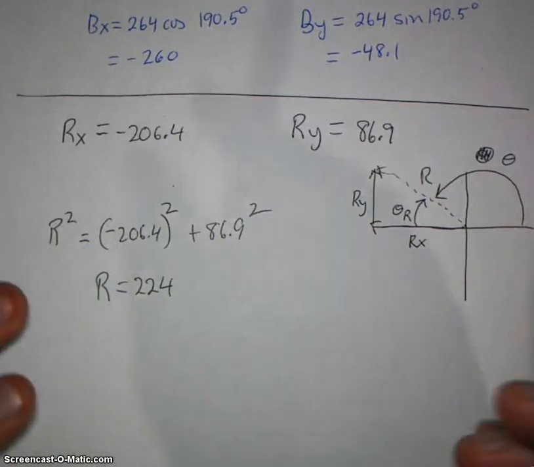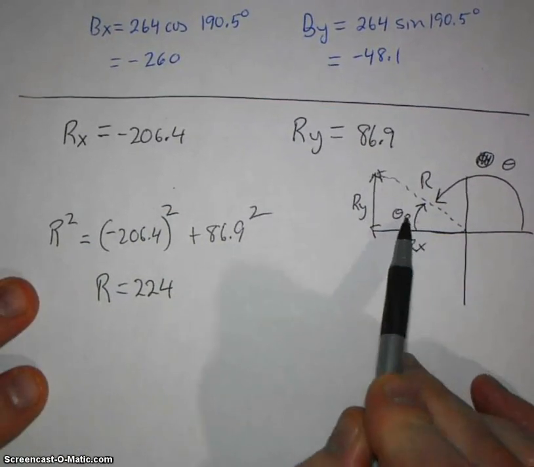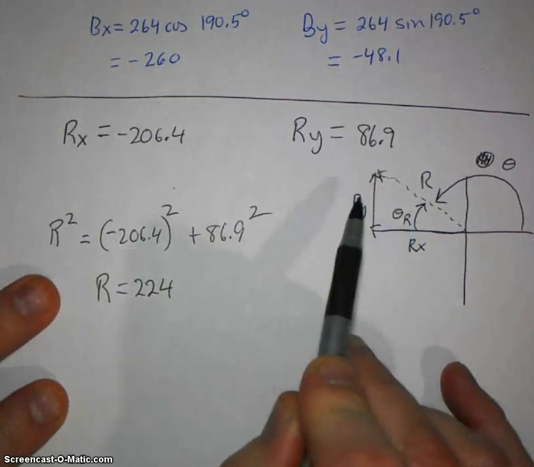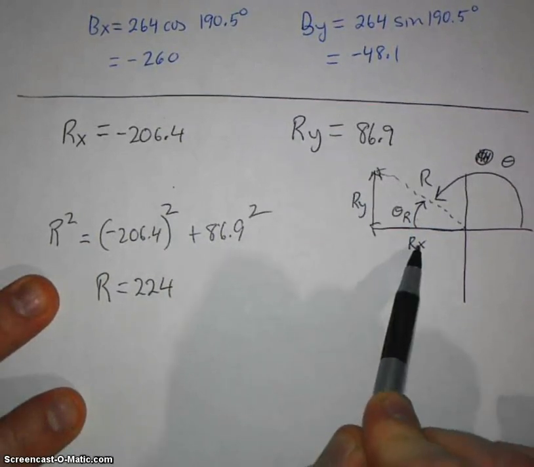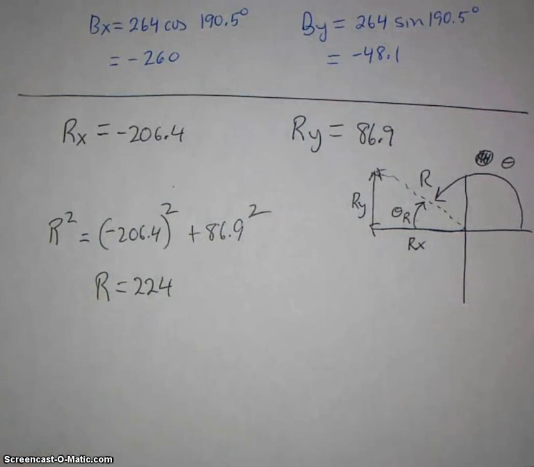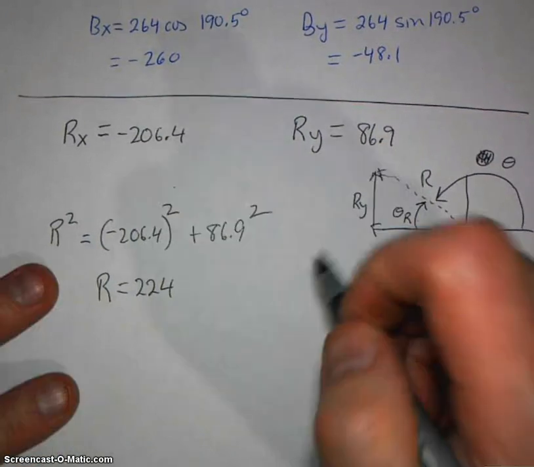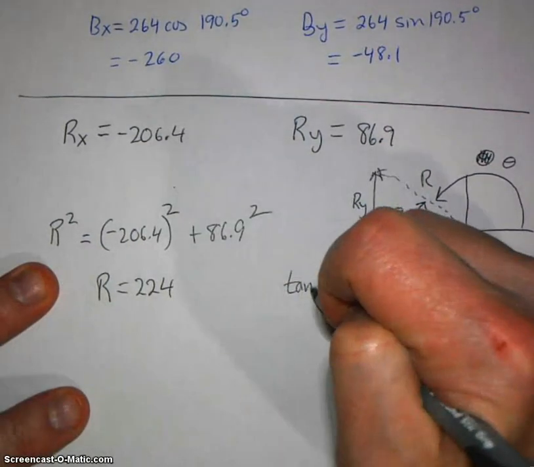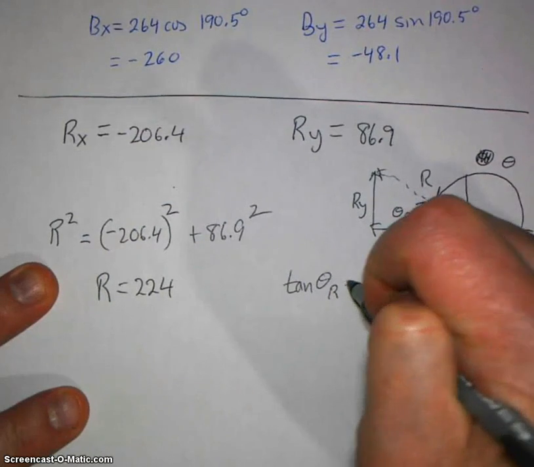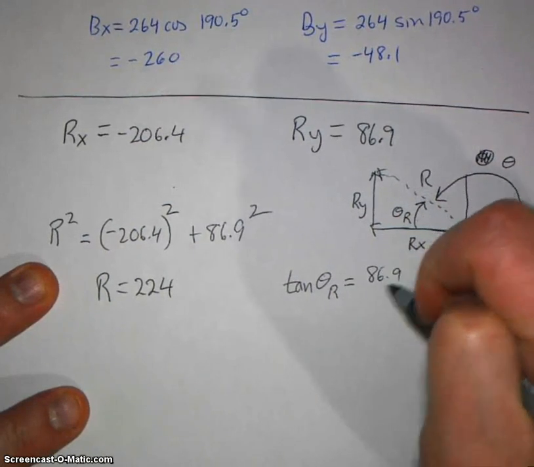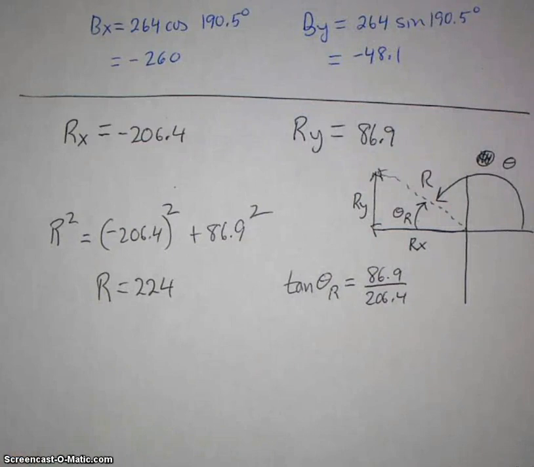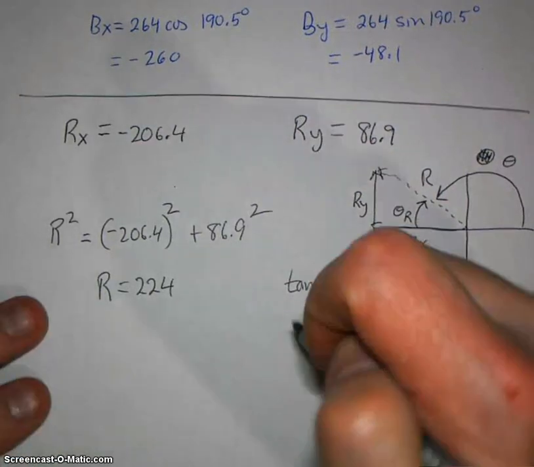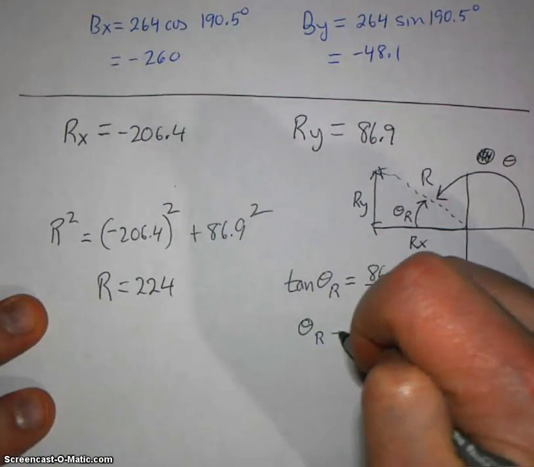All right, so again, looking at the picture, we know tangent of this angle is opposite over adjacent. Except we're going to just make everything positive because we want the reference angle, we want the acute angle. So we're going to say tangent of theta sub r is 86.9 over 206.4. Again, we only use the positive numbers here. That'll give us theta sub r.